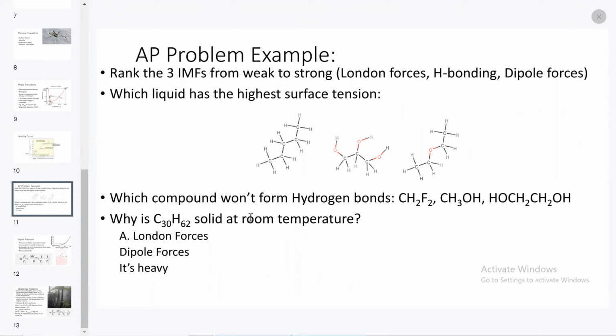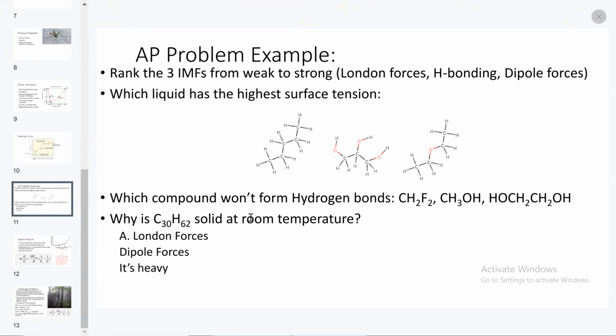Okay. So which liquid has the highest surface tension? So you're going to want to look for the liquid with the strongest IMFs. So in other words, you want hydrogen bonding. So which one of these liquids will have hydrogen bonding? The middle one, right?